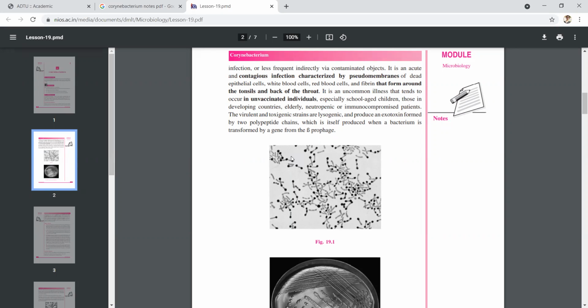This species has certain strains which are virulent and very toxigenic. They produce an exotoxin formed by two polypeptide chains, which is itself produced when a bacterium is transformed by a gene from the beta prophage.